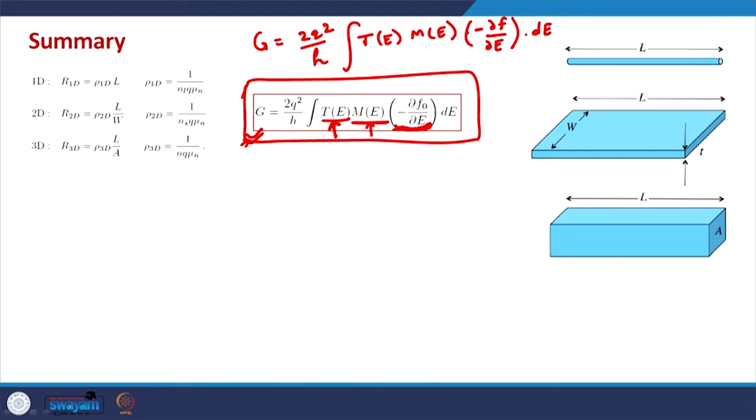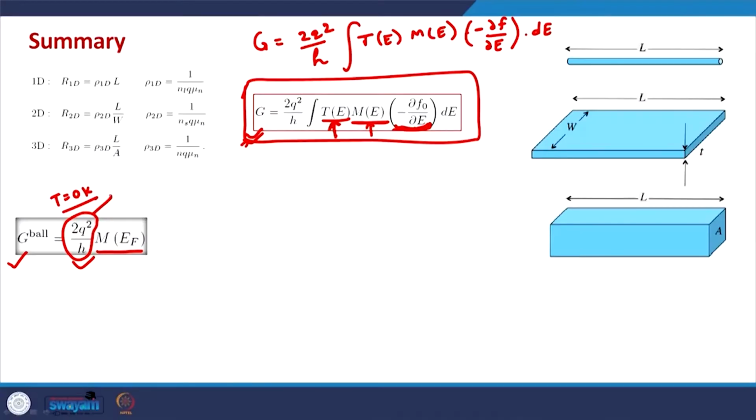Using this expression, what we have seen is that the conductance of a ballistic conductor at T equal to 0 Kelvin is given by this expression, 2q square by h times the number of modes, and from here we see the idea of the quantum of conductance coming into the picture, because if there is only one mode in the conductor, this is the minimum conductance that the conductor will have.